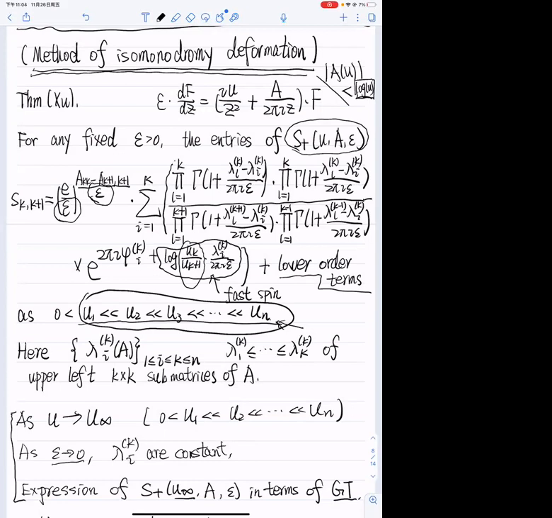Right, exactly. So in the real case, S plus equals the complex conjugate of S minus, but in the complex case they are independent, except along the diagonal where they coincide. And in that case, we also have a formula. Here I only write down S_{k,k+1}, but for S minus we can have S_{k,k-1}, given by a similar formula.